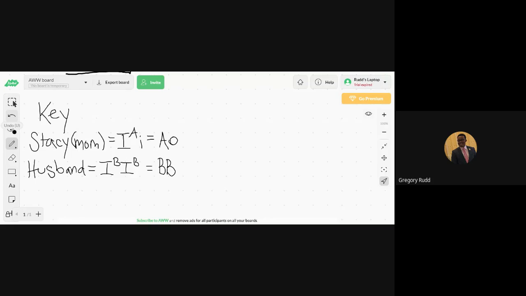So we need to do a cross. So what should I do next? Now that I've made my key, what should I do next to complete the cross?